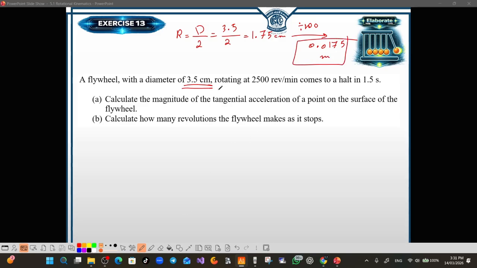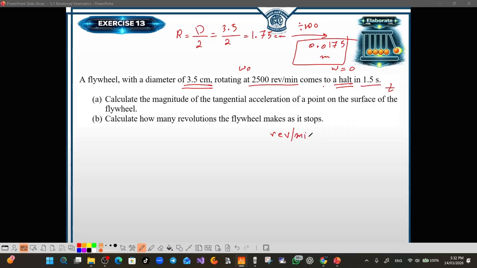So this flywheel is rotating at 2,500 revolutions per minute and comes to a halt, which means to rest, in 1.5 seconds. So here it means the omega final is 0, the time is 1.5 seconds, and the omega 0 is 2,500 revolutions per minute. However, we usually express omega, or the angular velocity or angular frequency, in radian per second.